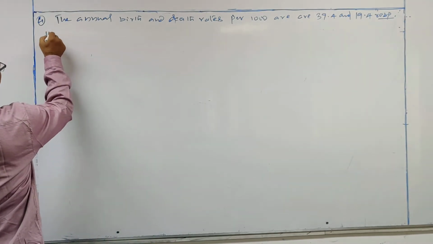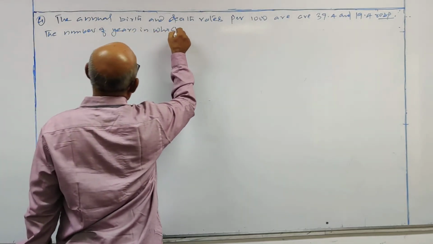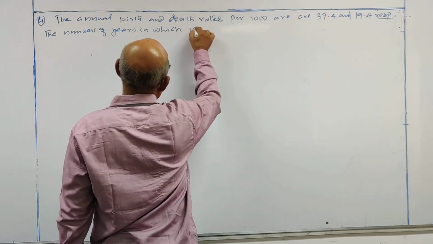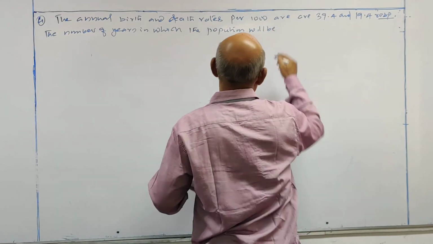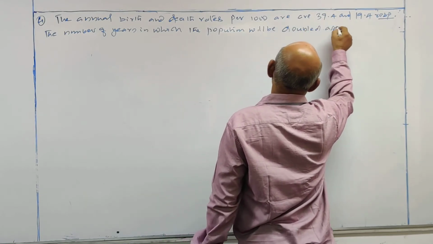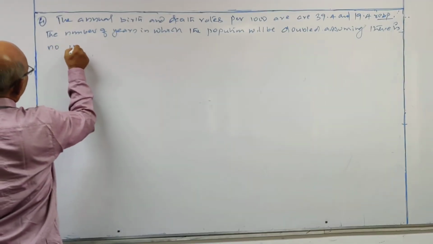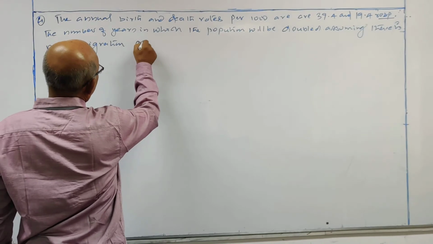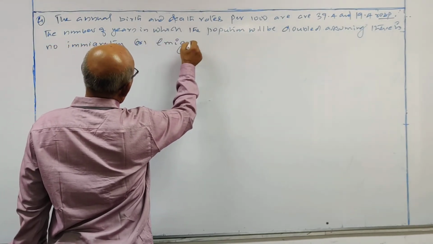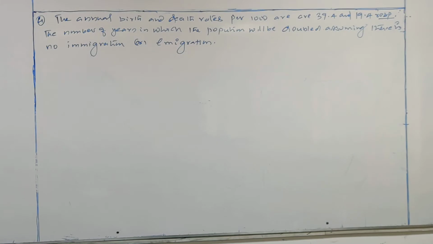The number of years in which the population will be doubled, assuming there is no immigration or emigration. This is my question.